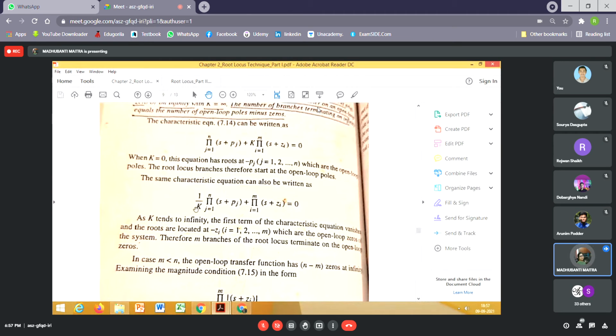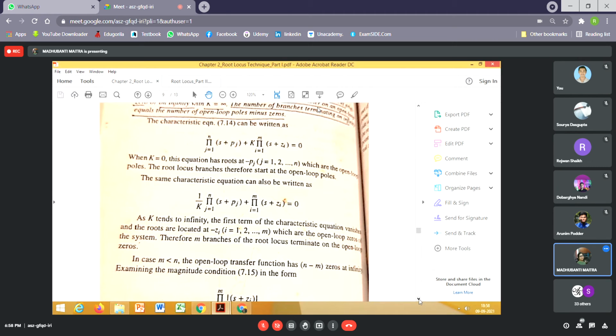So when k tends towards infinity, all those terms will become zero, and now we are getting m number of roots of the characteristic equation, located at minus zi's. And what are these minus zi's? Minus zi's are the locations of the open loop zeros of the system. Clear? Clear, ma'am, and hence the rule.